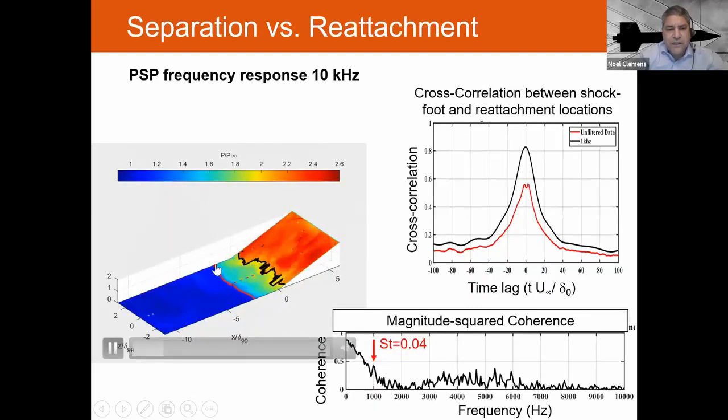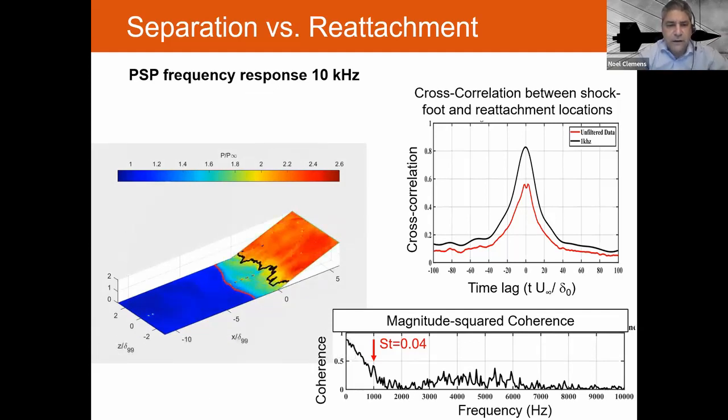And we can also define, like we used to do with Kulites, the instantaneous separation shock foot line from a pressure threshold. And then we do a similar threshold and call that reattachment. You'll see that the separation line is very smooth, and reattachment is very jagged. In part, it seems to be due to the generation of Görtler vortices, which have been observed already, especially in DNS of these flows.